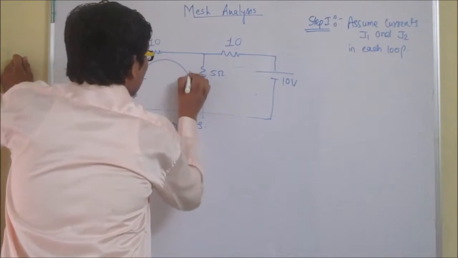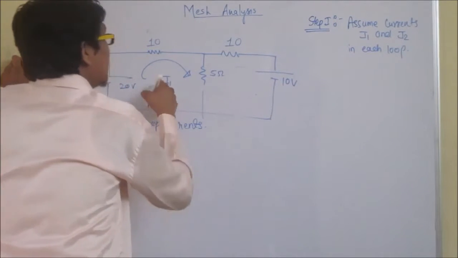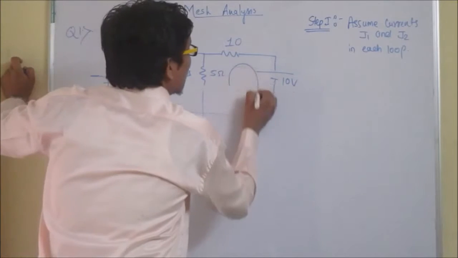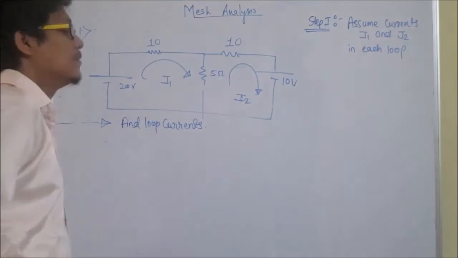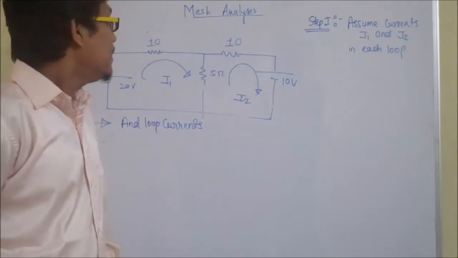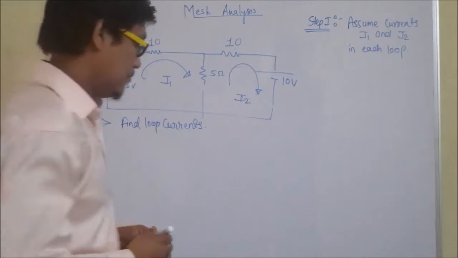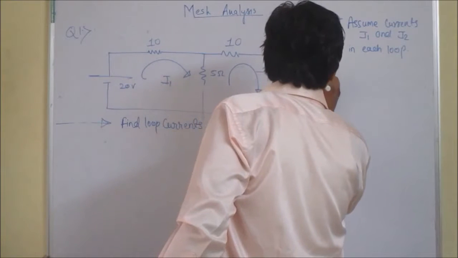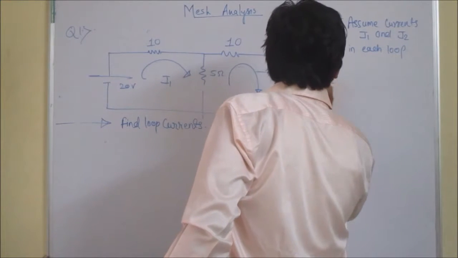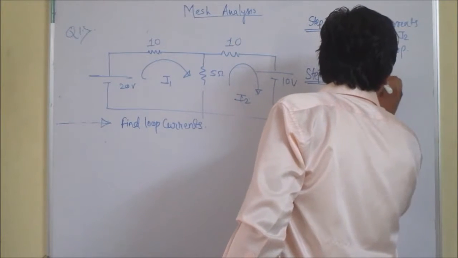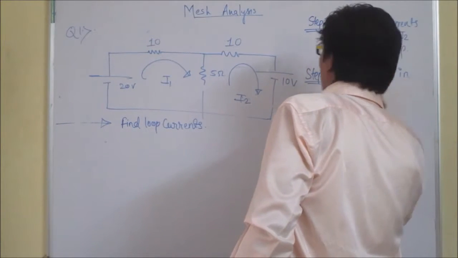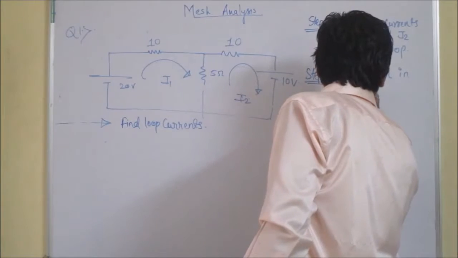That is, I will redraw the circuit and assume I1 and I2 in the circuit. Now, step 2: write KVL in each loop.